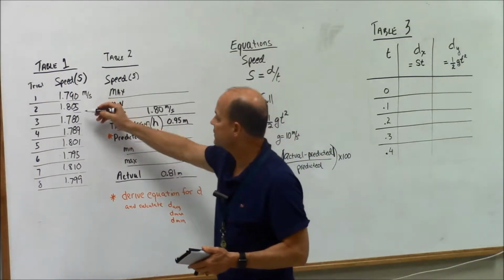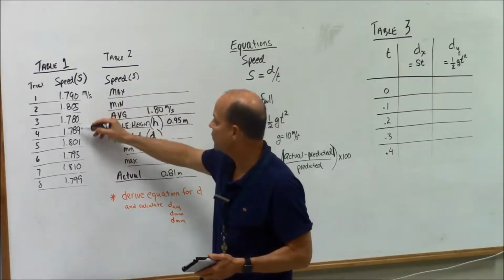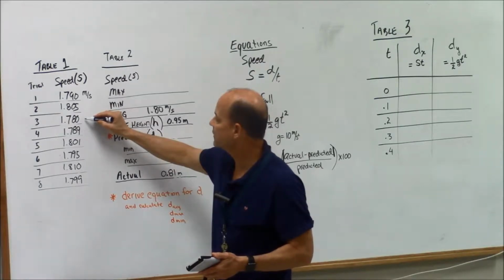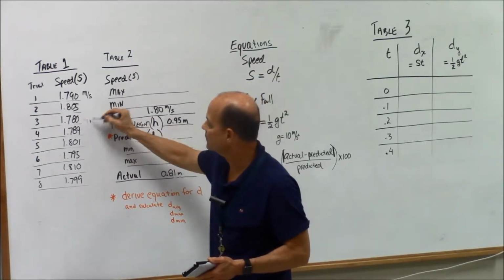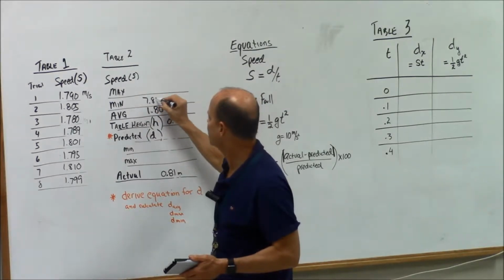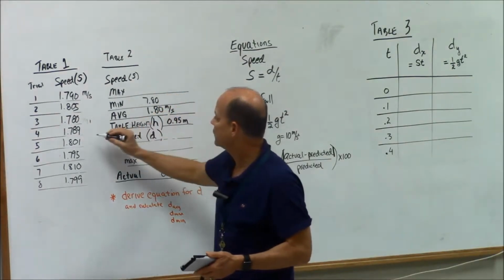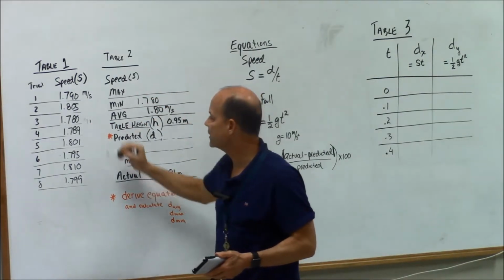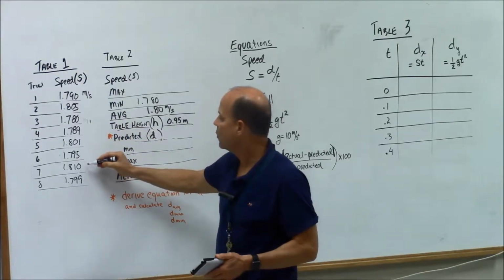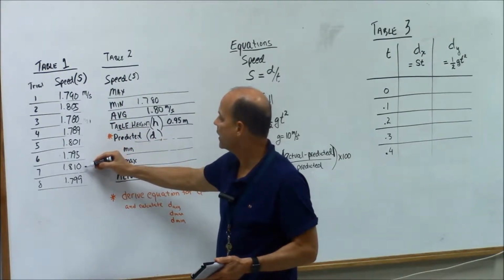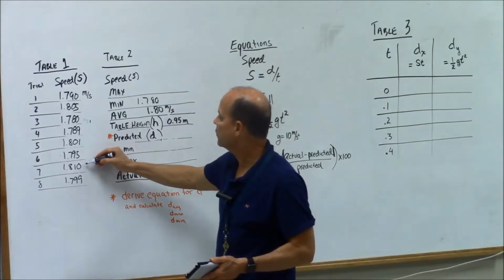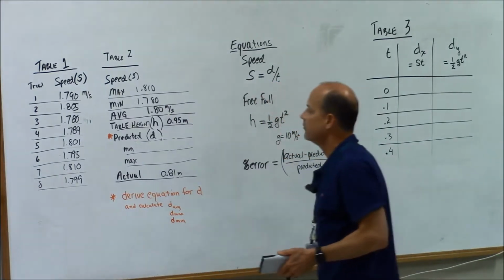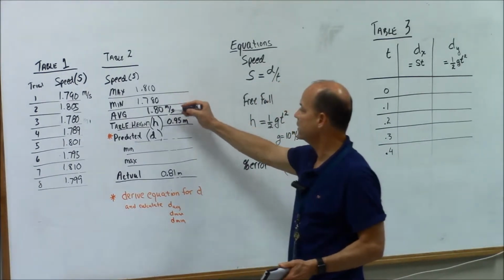So if I look down this list of numbers, 7.90, 7.89, 7.80 looks like the min. 1.780 looks like the min, and then the max would be 1.810 for a maximum and a minimum, and then there's my average.